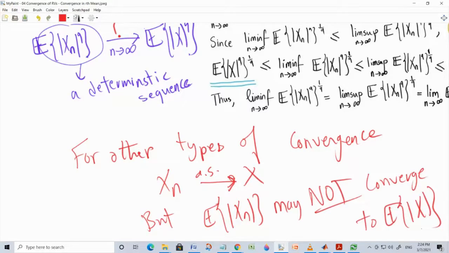And almost sure convergence, by the way, is a strong notion of convergence. But you may have xn converging to x almost surely, and actually the sequence of moments is going nowhere. This sequence of moments may be going to 0, while this guy has a first moment of 1.